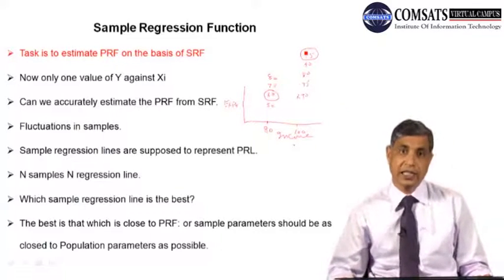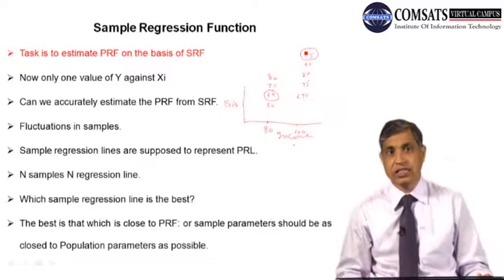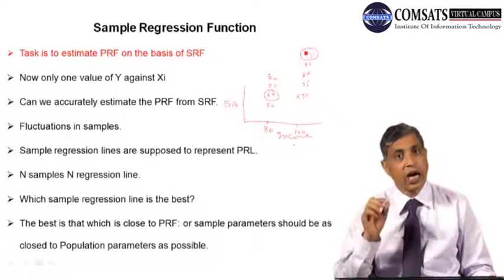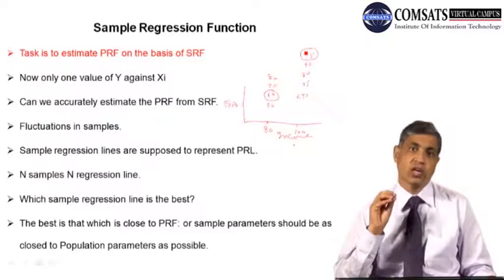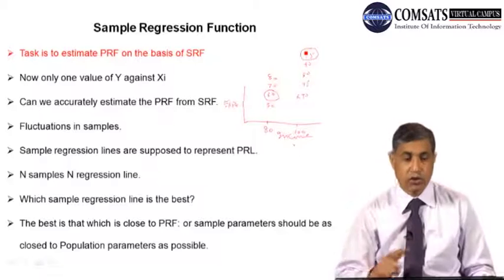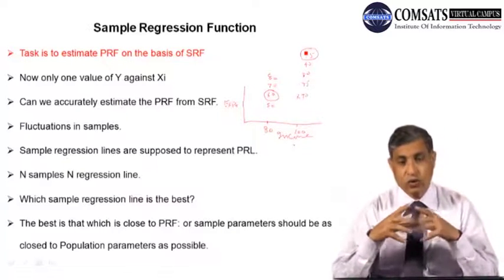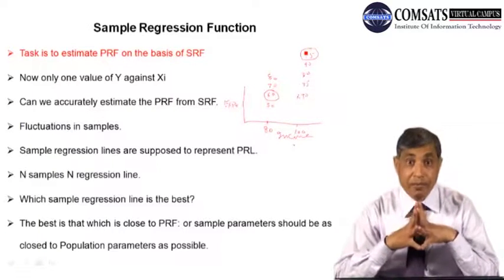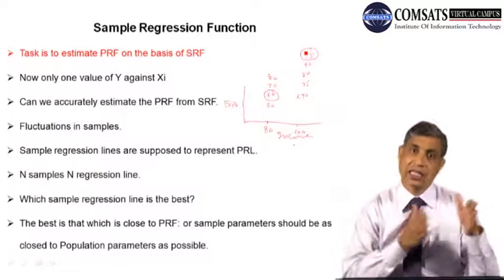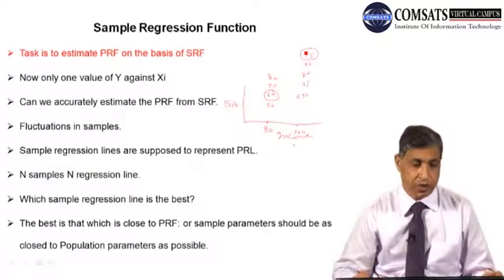So now you can see that out of the many families that have different consumption values, in sampling I chose only one from the first bin and one from the second bin. So instead of all the values as in the population, we are sampling now, and we are taking one value of x against one value of y.